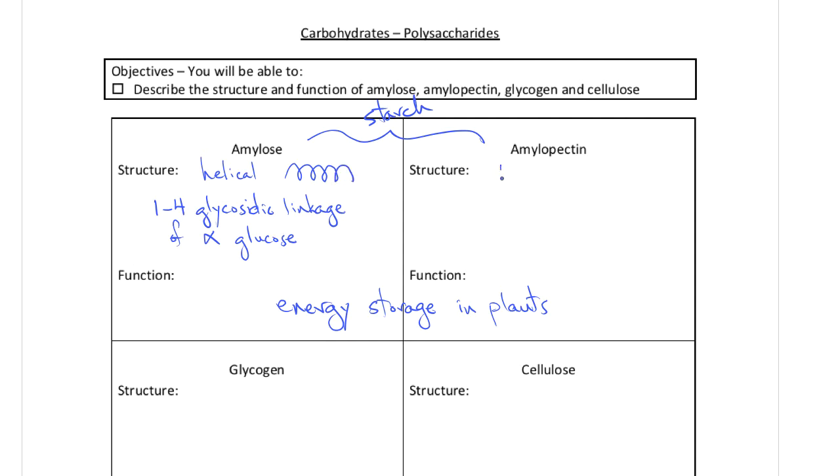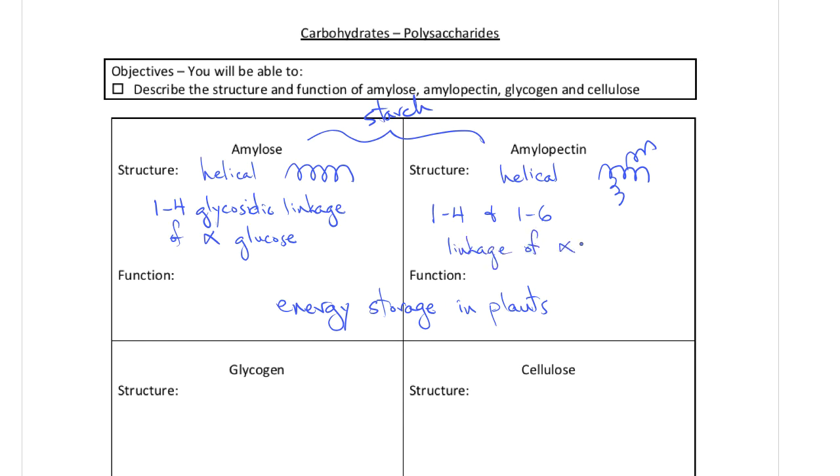Amylopectin is also helical, also forms that kind of corkscrew, but it's branched. So it branches off like that in multiple places. So there's like corkscrews coming off of corkscrews. And the way that it does that is it has both 1,4 and 1,6 glycosidic linkage of alpha glucose.